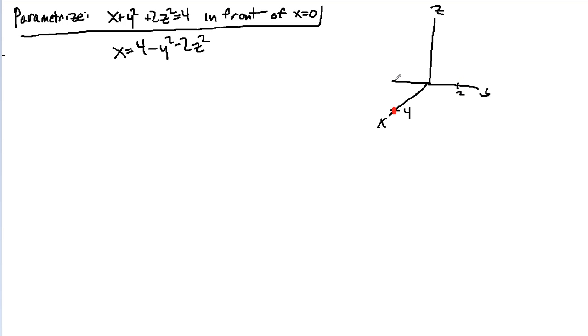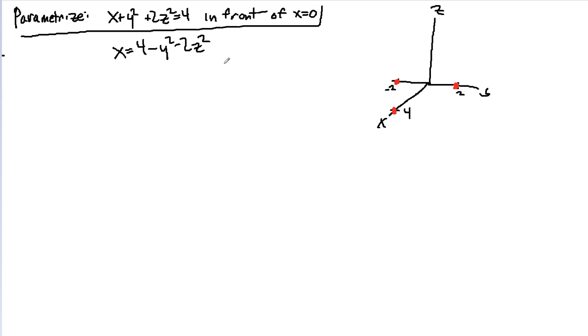And if z is equal to 0, then I can plot the points where x is equal to 4 minus 2 squared, so x is equal to 0 in that case. So if z is 0 and y is plus or minus 2, that means x is equal to 0. That gives me some points there and there.